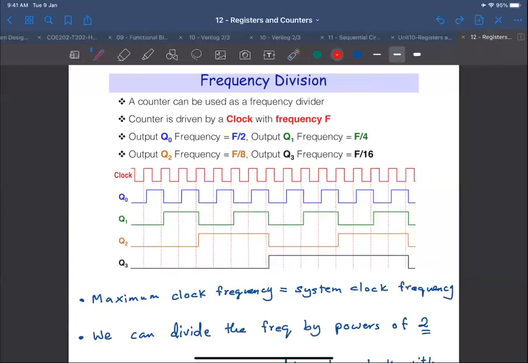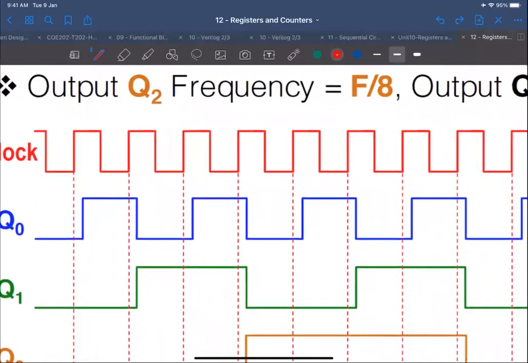It's from here. Where is the next point that matches this point here? It's exactly this one. So this is one clock period. This is P clock, the clock period.